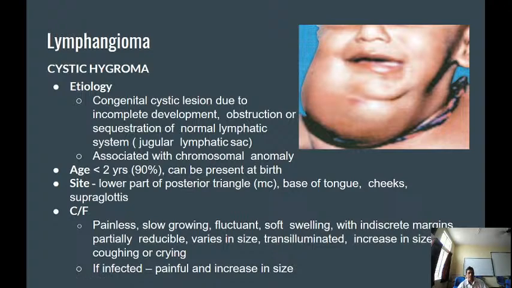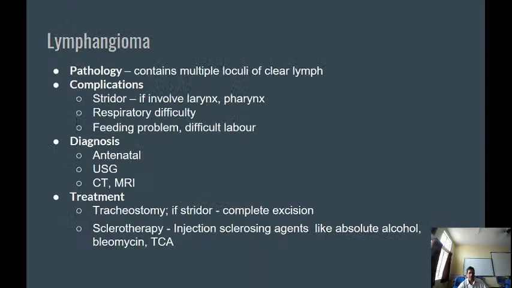it gives rise to some problems, like difficulty in swallowing, and as you know, it is compressing the neck, and sometimes it may obstruct or narrow the laryngeal inlet and give rise to stridor, laryngeal obstruction, in which case you may have to do a tracheostomy.